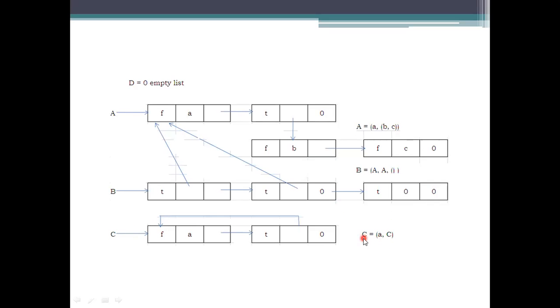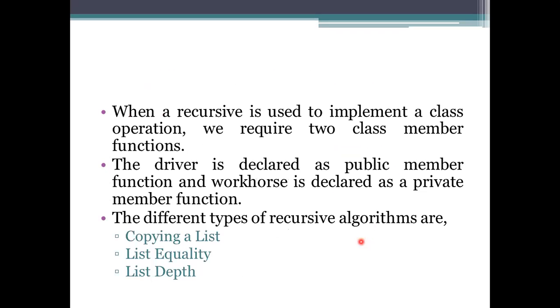This becomes a workhorse and a driver itself. It is calling the C here. So it is calling the C, meaning what happens here? It is being considered as a C. Here, at this place C has been considered as a workhorse, and at this place C has been considered as a driver.